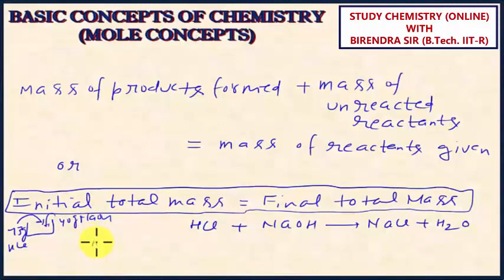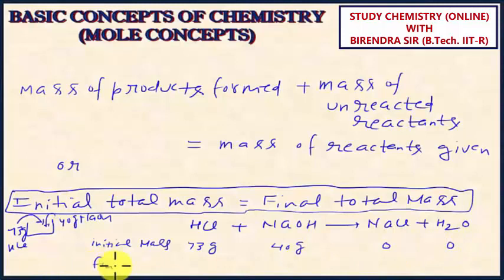So what will you write? Initial mass, below HCl you will write 73 gram, below NaOH you will write 40 gram. Initially we do not have NaCl, 0, we do not have H2O, 0.